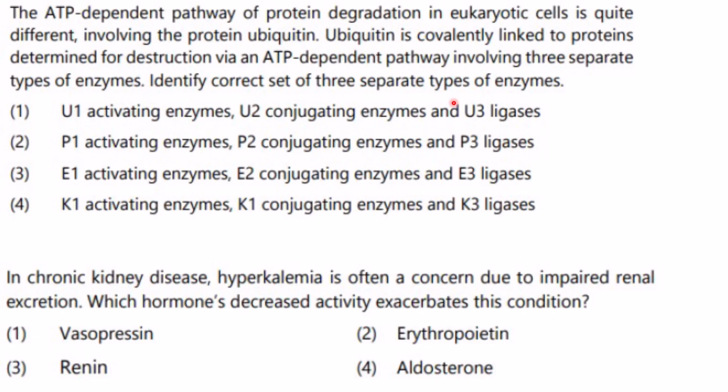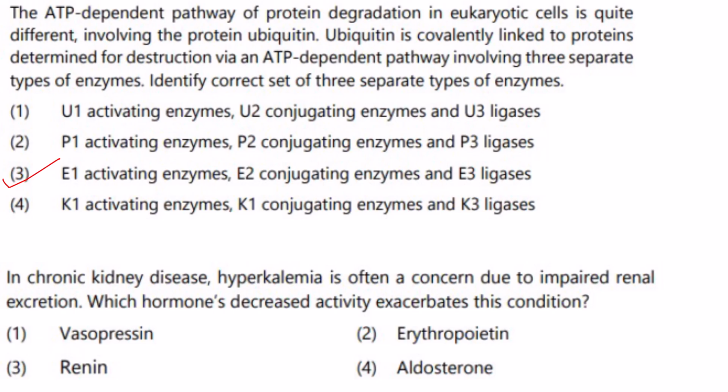Identify the correct set of three separate types of enzyme. So E1 activating enzyme, E2 conjugating enzyme, and E3 ligases. So the answer is option 3.